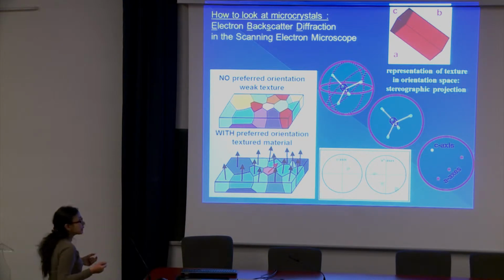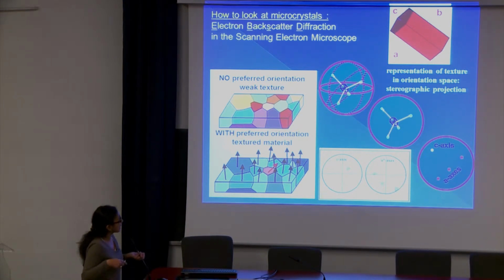The other result we can get from the electron backscatter diffraction is this color code map. What's important from this EBSD is that one color represents one crystallographic orientation. So here you have what I would call aggregates.